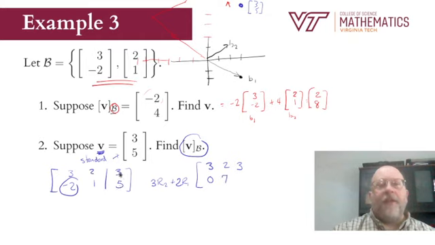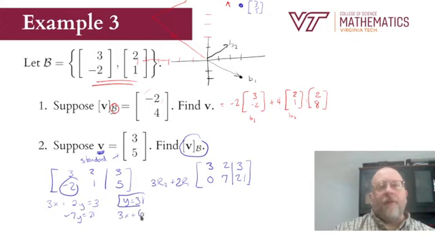And 15 and 6 is 21. So this tells us that 3x plus 2y is equal to 3 and 7y is equal to 21. So I know that y is equal to 3, and therefore 3x plus 6 is equal to 3. And so 3x is -3, and so x is -1.